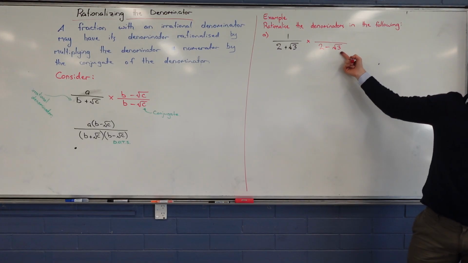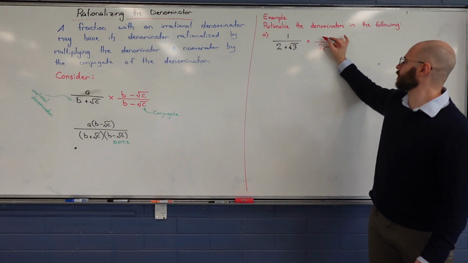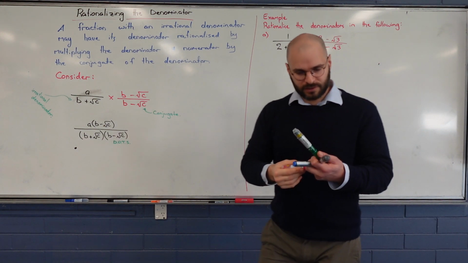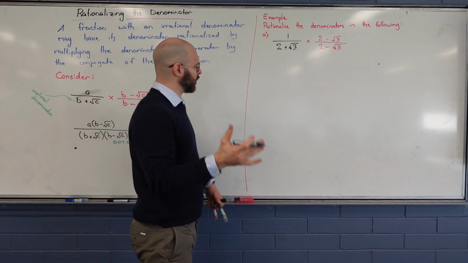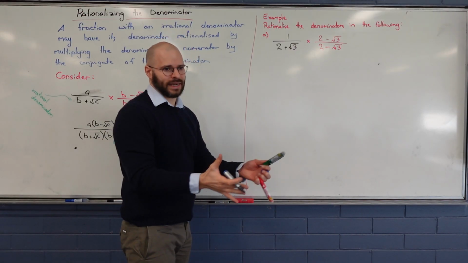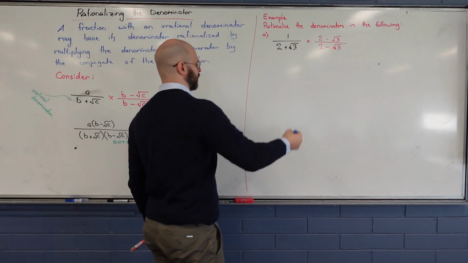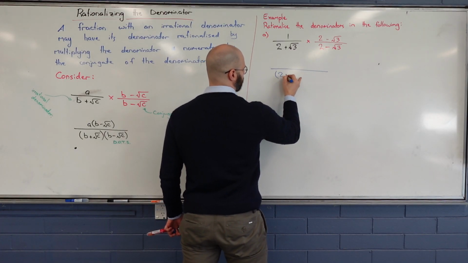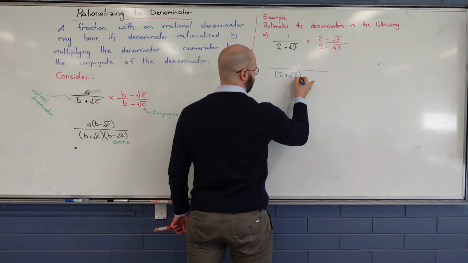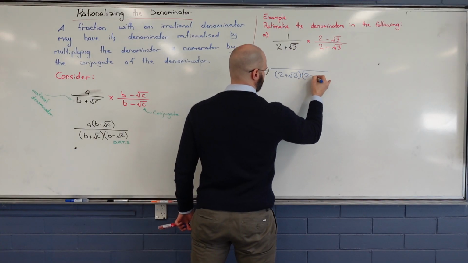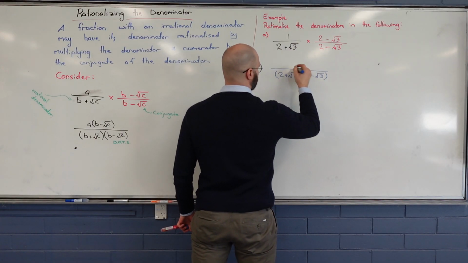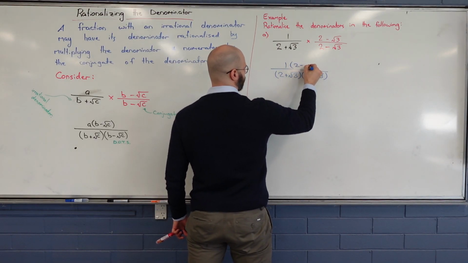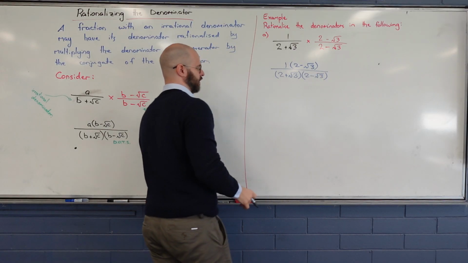I just do it because it looks a bit tidier doing it this way. 2 minus root 3. It's at this point where when we go down to the next line, we bring our fractions together. This will be 2 plus root 3, 2 minus root 3. Upstairs we have the 1 outside, 2 minus root 3 inside.